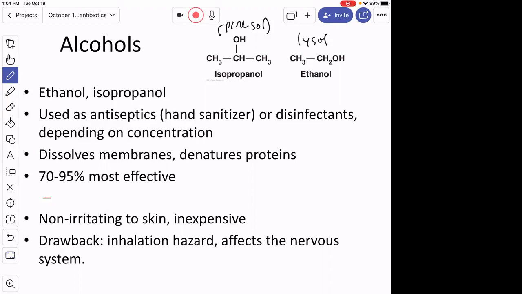So, widespread use. Some of you used hand sanitizer when you came in. That's ethanol. Hand sanitizers tend to range from somewhere between 60 and 70%. This particular one that I picked up is 63% ethyl alcohol, or ethanol, same thing.